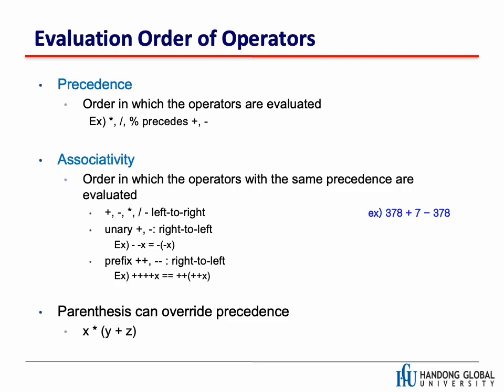But to a computer, we cannot change the order. We have to follow this associativity and precedence exactly. We can evaluate the right one first if we have the same precedence. We can evaluate 7 minus 378 first, and then add that to 378.